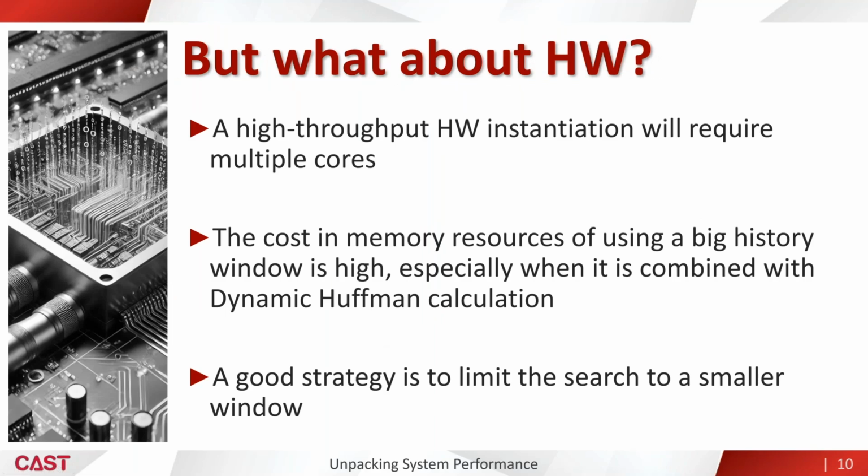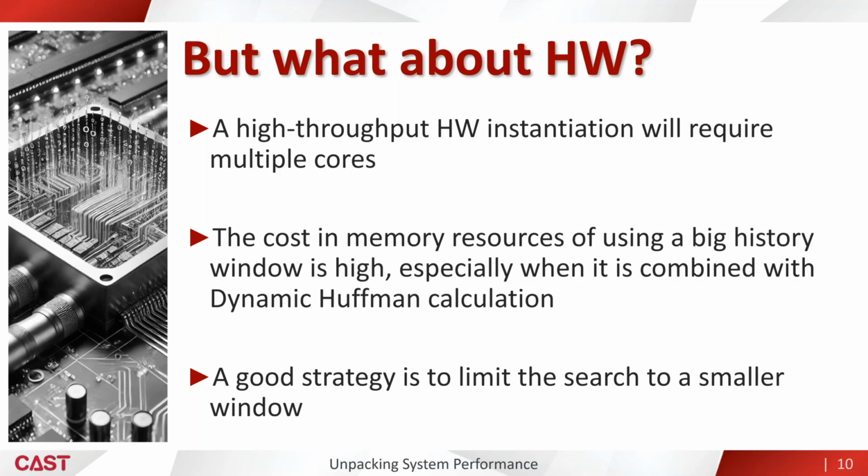So what happens in hardware? A lossless data compression IP implementation has a processing element that will require a history window to do the search, and an encoder. In order to achieve high throughput for the performance, as we discussed, for multi-gigabit per second implementations, you will need to instantiate multiple cores.